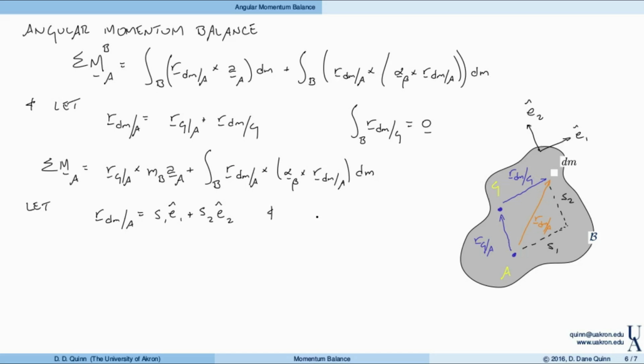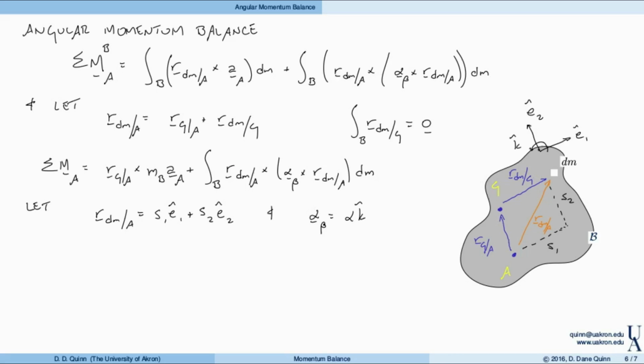And then the angular acceleration of the object, we can write that as alpha in the k direction. Here, the k direction would be out of the plane. For planar dynamics, the angular acceleration is always perpendicular to the plane of motion, so it's only going to be in the k direction.